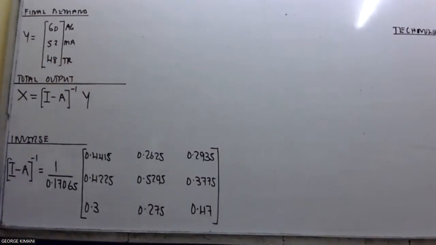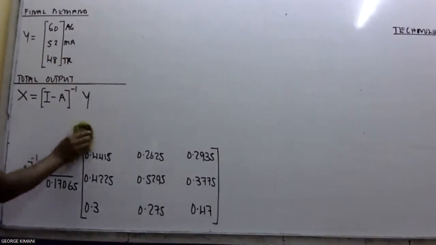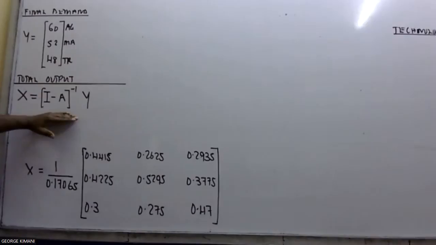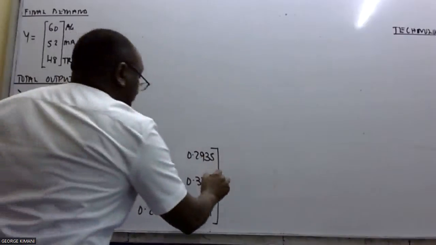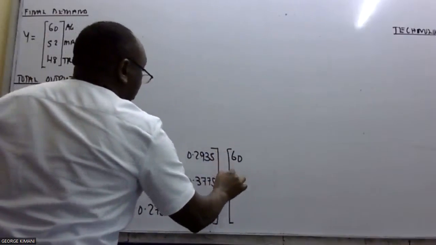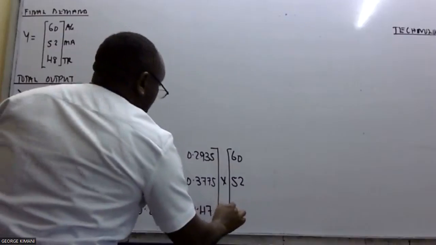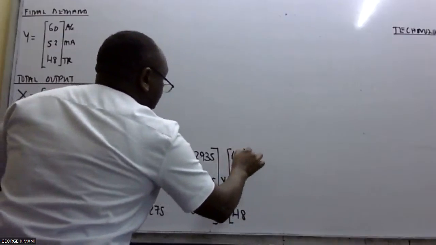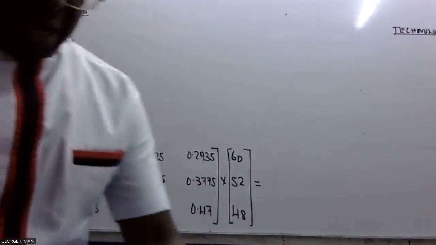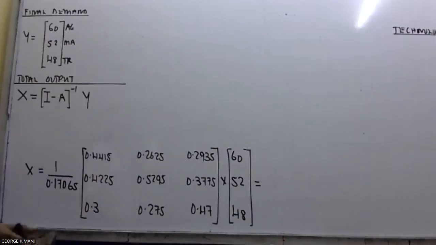So what I will do, nitakuja hapa ni rub hii so that I don't write again. So this is my X. So this is my inverse, you hear? And then I bring my Y here. So times Y. Y is 60, 52, and 48. Equals. Okay. You know how to multiply matrices, eh?